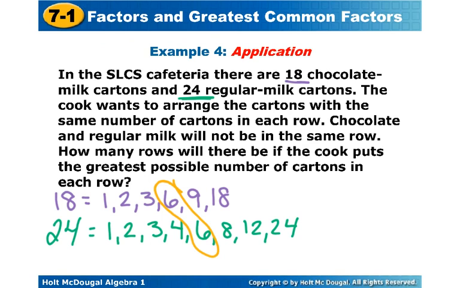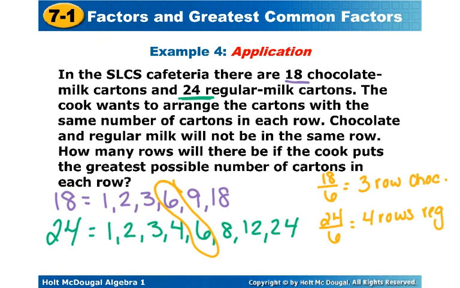So now I'm going to have to figure out how many rows I'm going to have. So if I take 18 and divide it by 6, that means I'm going to have 3 rows of chocolate. And then if I take 24 and divide it by 6, that means I'm going to have 4 rows of regular.